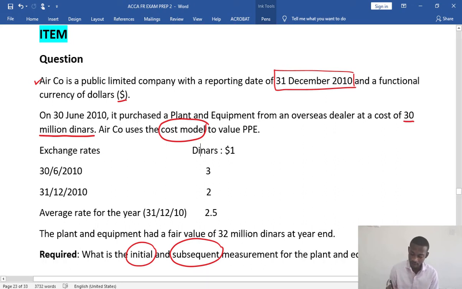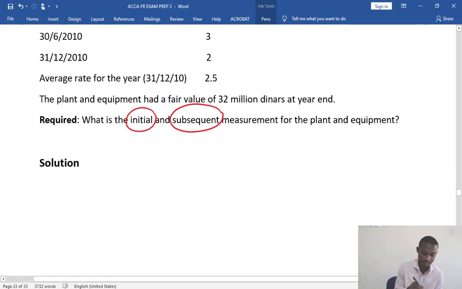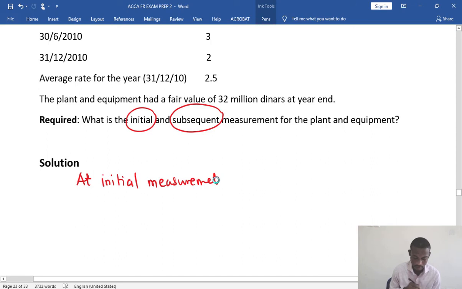Now, for non-monetary items, the rule is that at initial measurement, translate at spot.